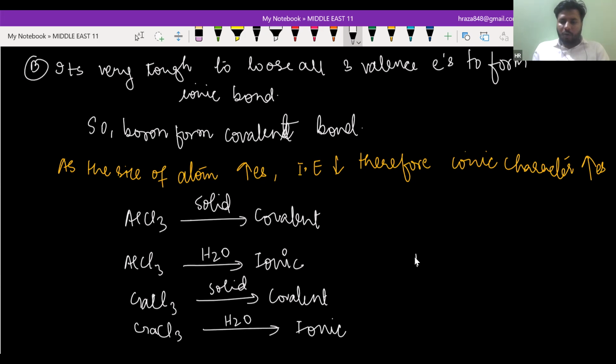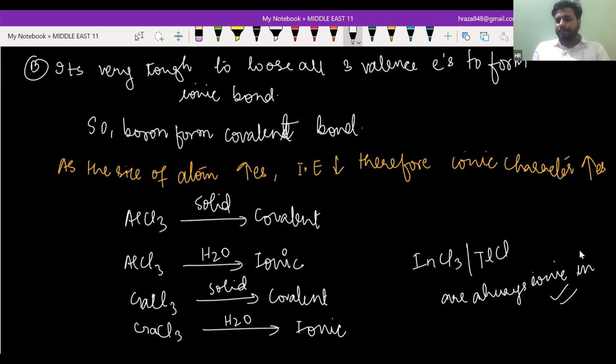But when we talk about indium, InCl3 or TlCl are always ionic because they can easily lose electrons because of their larger size.